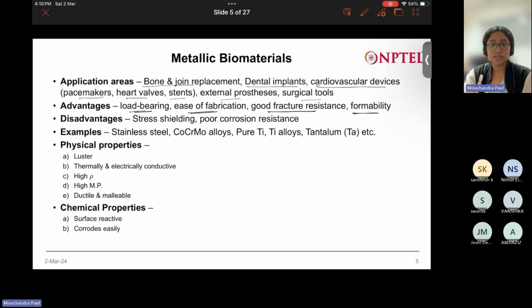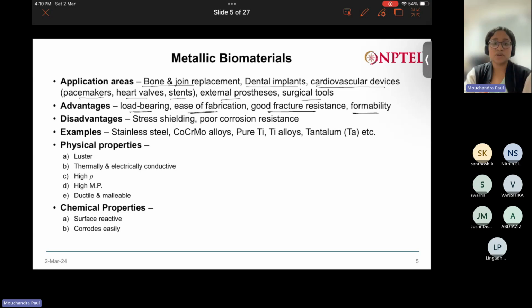Although you have used the metal implant to support the growth of the bone, over a period of time people have observed that the bone doesn't grow well because the load on the bone is less. Most of the load comes on the metal implant. That in turn hampers the regeneration of the bone itself.